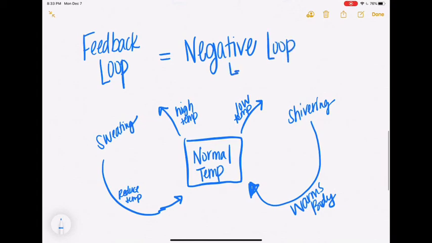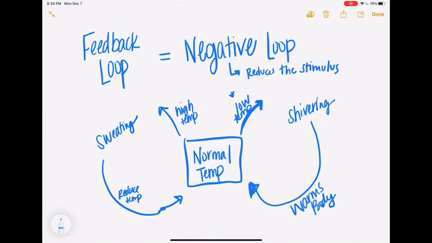And it's called a negative feedback because it reduces the stimulus. Most of the feedback loops that we do, including the blood glucose and insulin one, are negative loops because they reduce the stimulus. So the stimulus here is your body temperature is low. And so we are trying to get it back to normal. We are trying to reduce the stimulus.